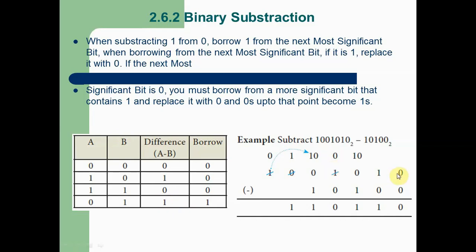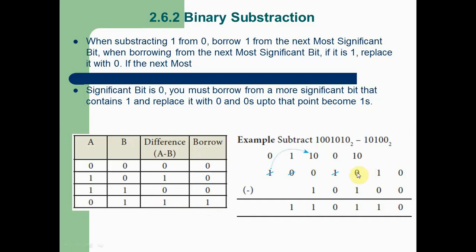So see the rules: 0 minus 0 is 0, 1 minus 0 is 1. 0 minus 1 is not applicable, so we borrow 1 from the nearest bit. When we borrow 1 from this bit, this 0 will become 10, and this 1 becomes 0. As per the fourth rule, when we borrow 1 for a 0, then the result will be 1.